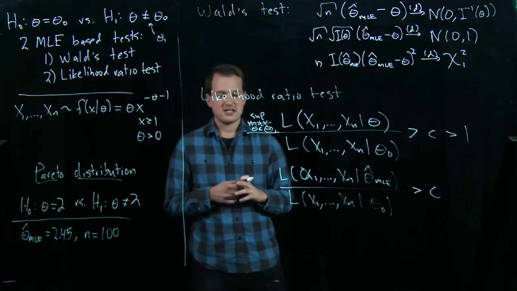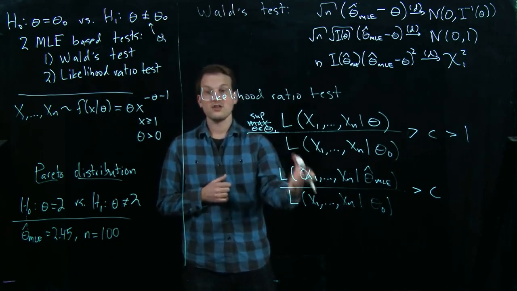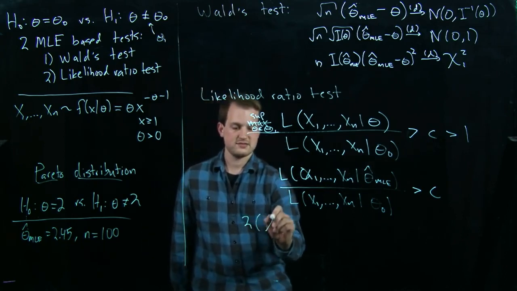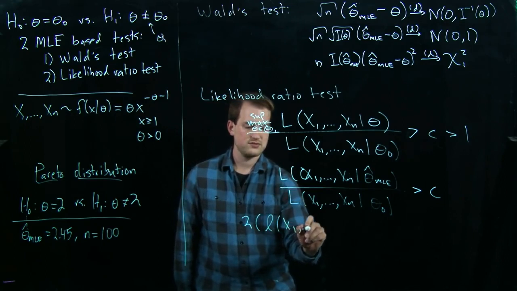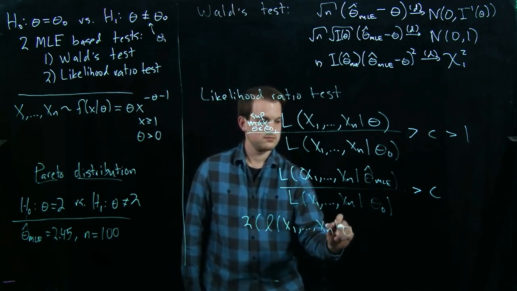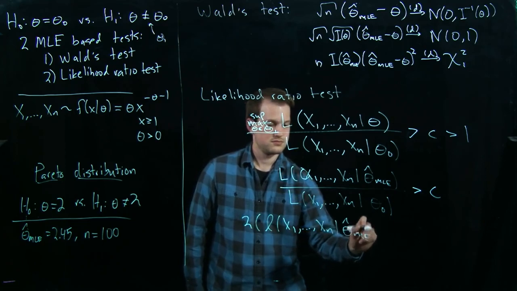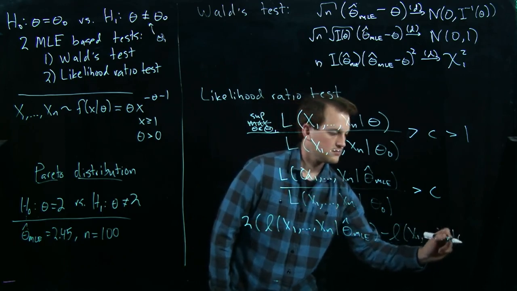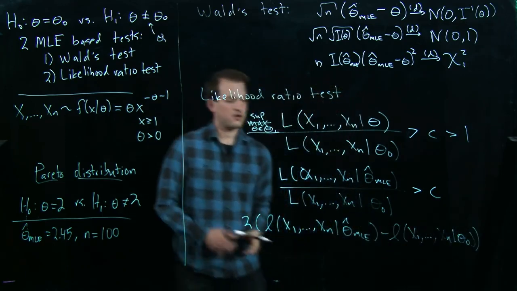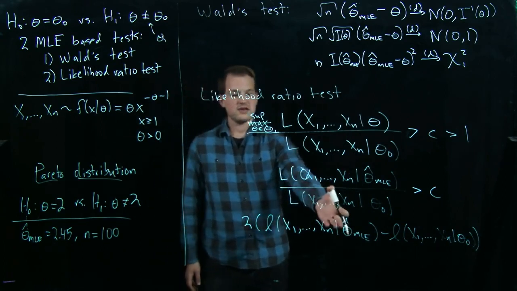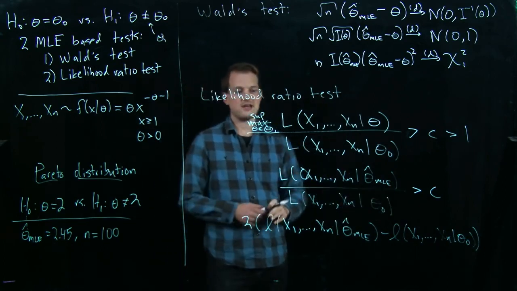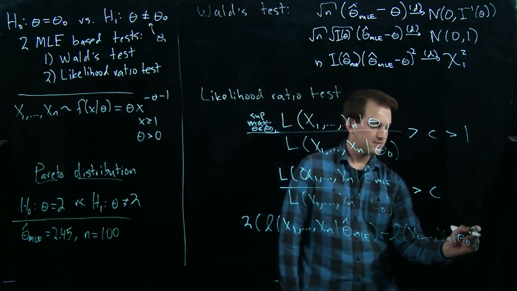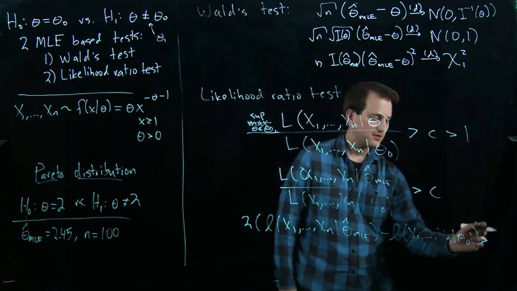Now, the version of the statistic that you saw in class actually was basically the log of this. So if I take a log of both sides and multiply by 2, I get this. You'll see why in a second. We multiply by 2. So if I took a log, I get the log likelihood of the MLE minus the log likelihood of theta naught, and this is going to be greater than log C, which is just some number.